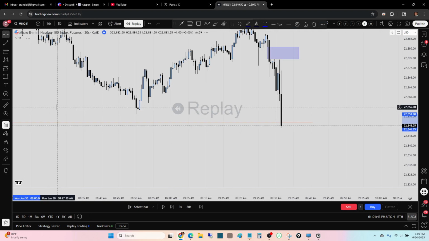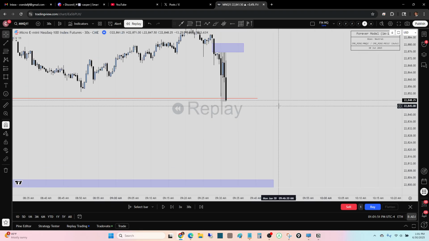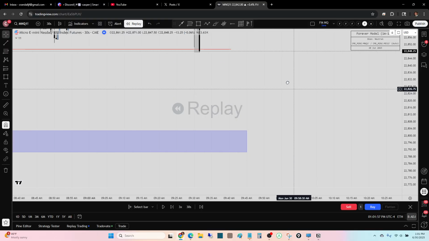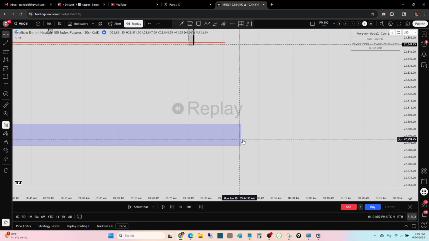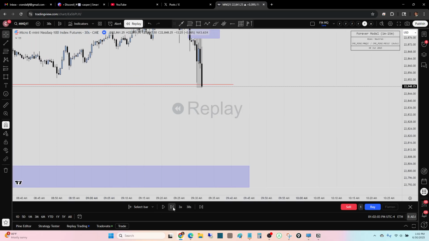So it's just kind of like in middle ground. The fair value gap is still way down here. So you're in a quandary. Do you take this level as liquidity getting taken, or do you just stick with the fair value gap down below? Anyway, that's point of confusion already.